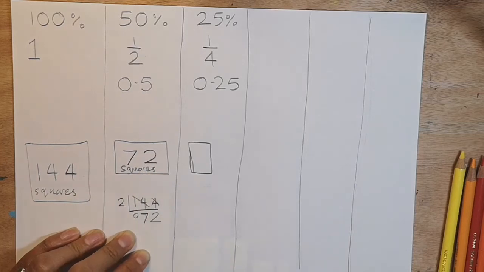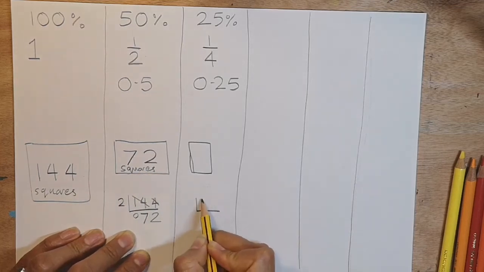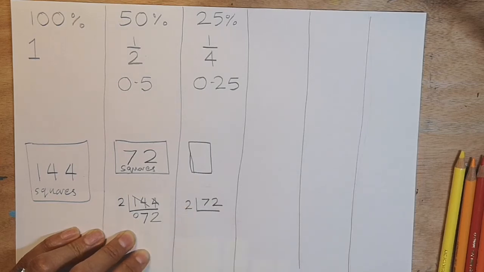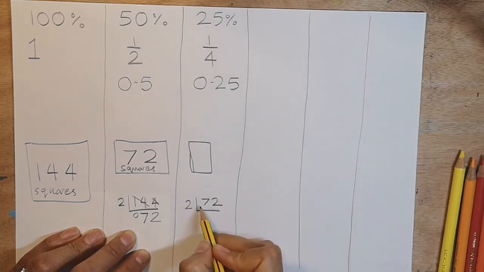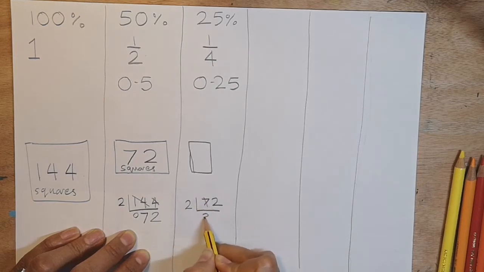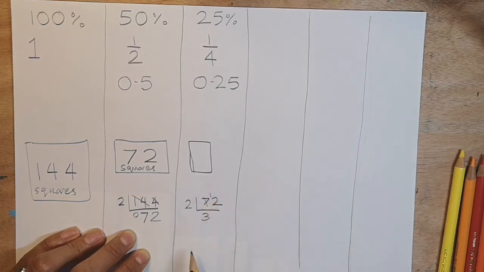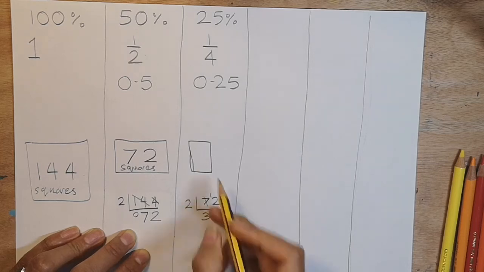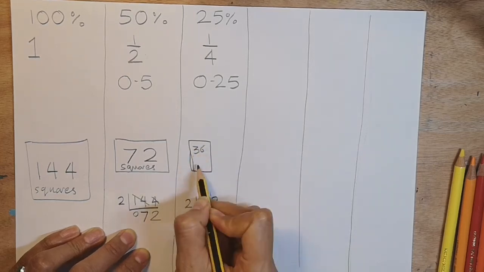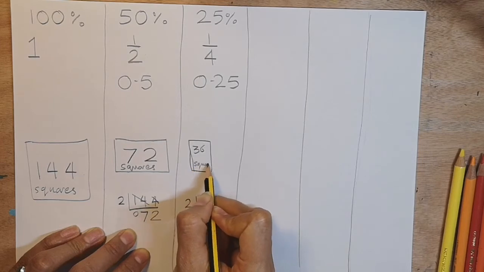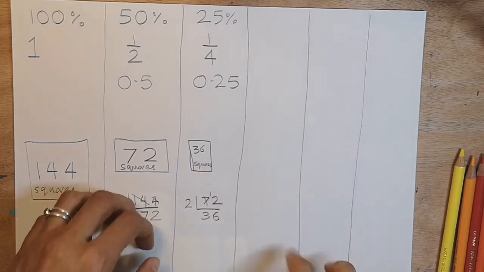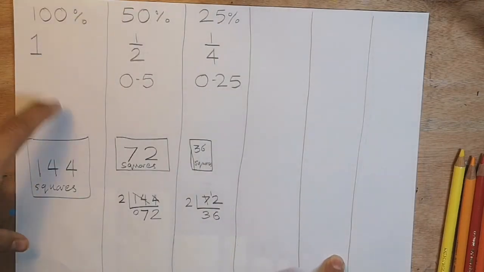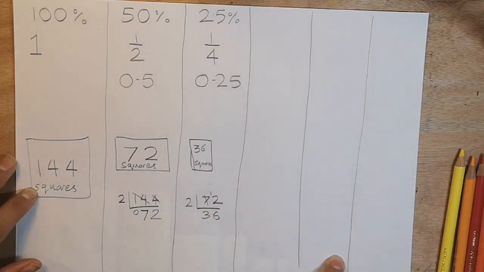So let's halve 72. 72 divided by 2. 3 2s are 6, 1 to carry, 6 2s are 12, so 36 squares. Okay, so we've done 25% of 144.